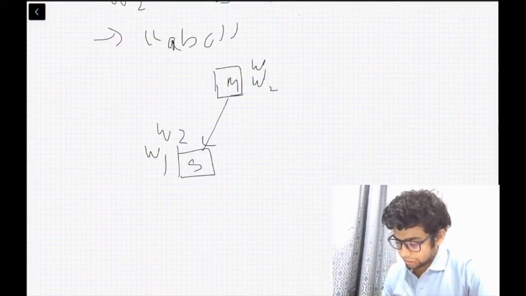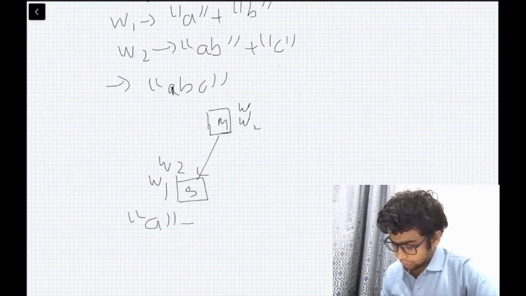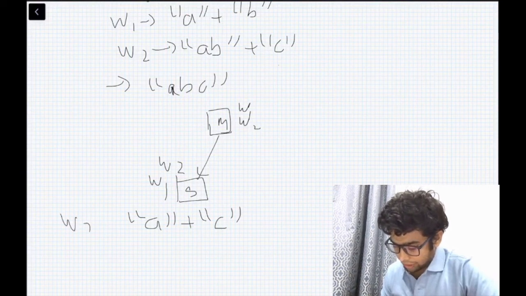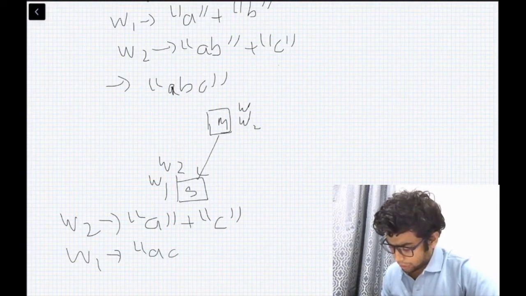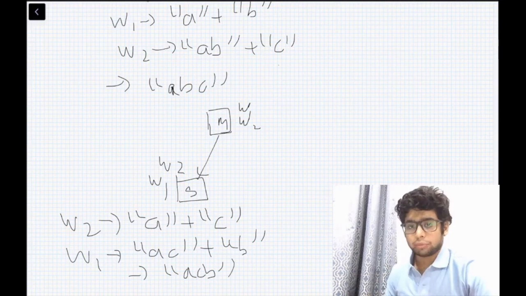So what would happen is that first A would be concatenated with C, which is write two, and then write one would come. Then A, C would be concatenated with B. This would be A C B, which is inconsistent with the master.